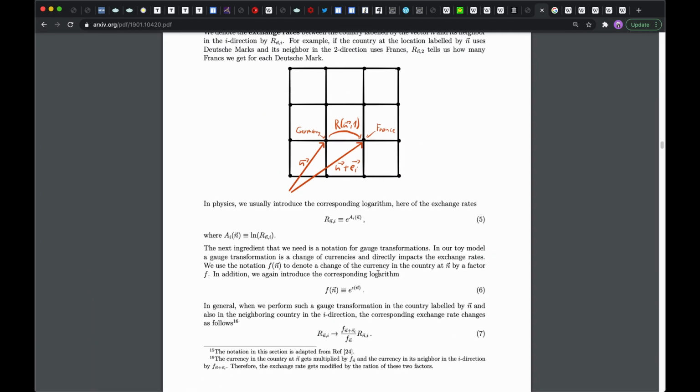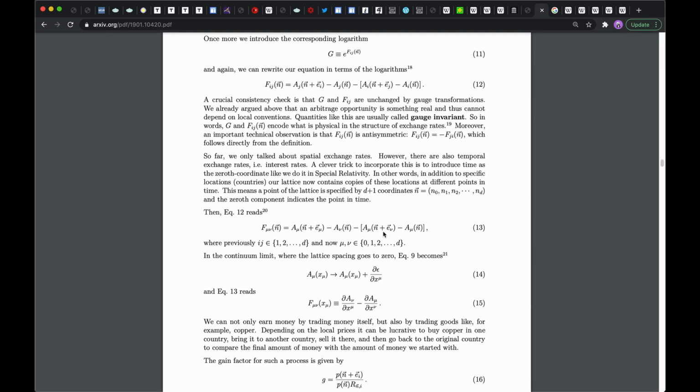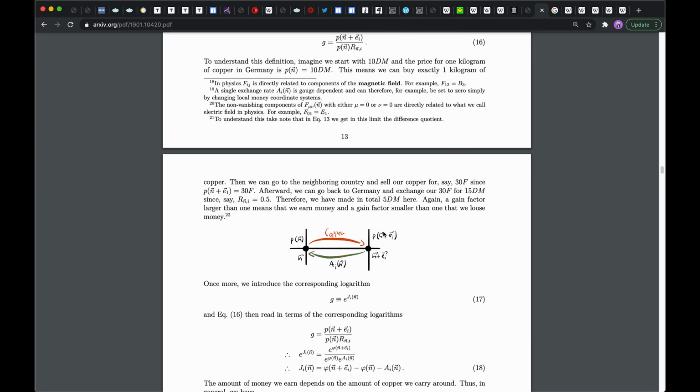Yeah, and afterwards he just explains that mathematically, I think that we can skip that. So if you're interested, just read that in detail.